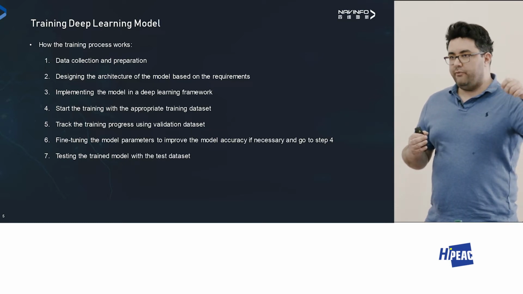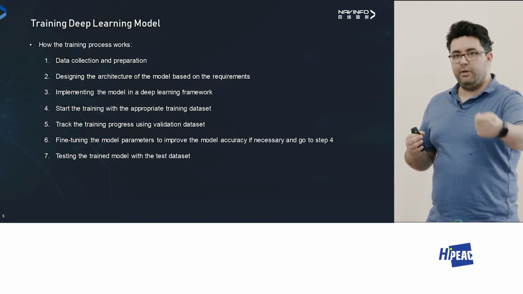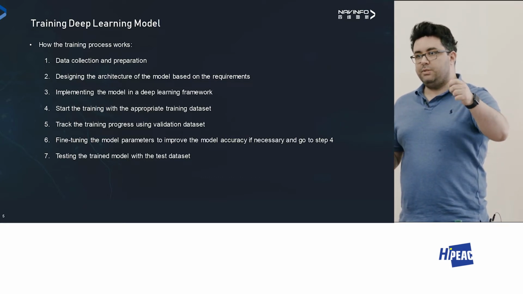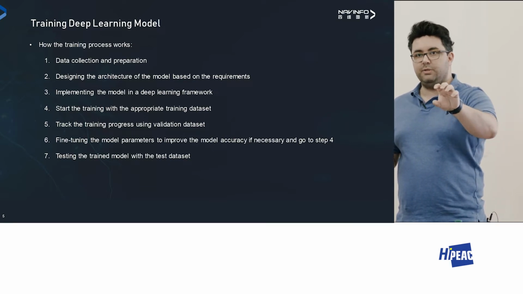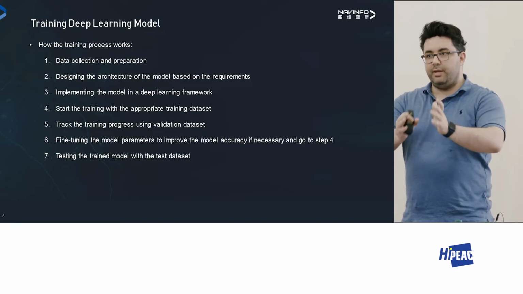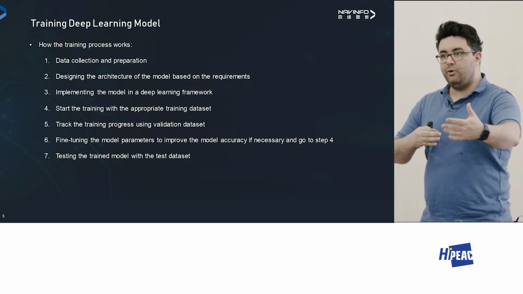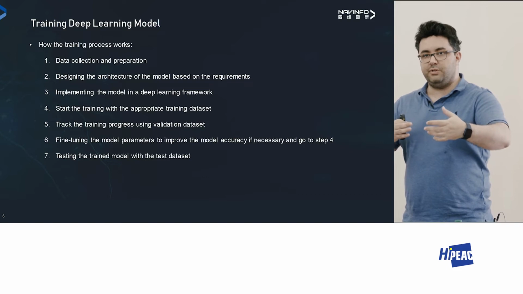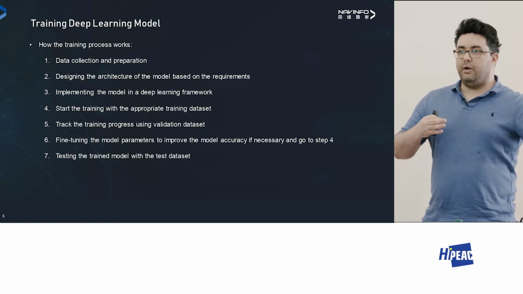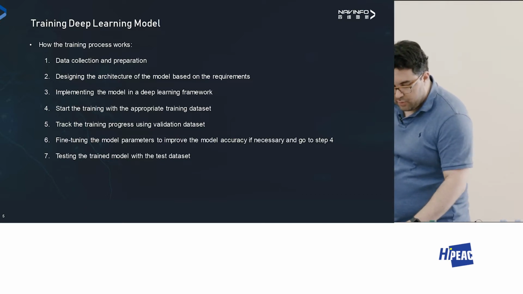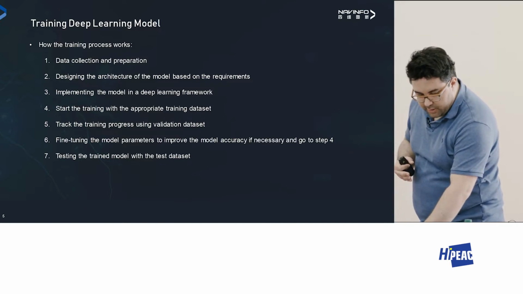Either in an automated process or with a human in the loop, we mark what is a human, what is a car, what is another object, and this information will be embedded in the data set so that the model knows, okay, this is a human, and it tries to learn the features of what is a human, what is a car, what is a bicycle. So this is also an important step towards preparing the proper data set.